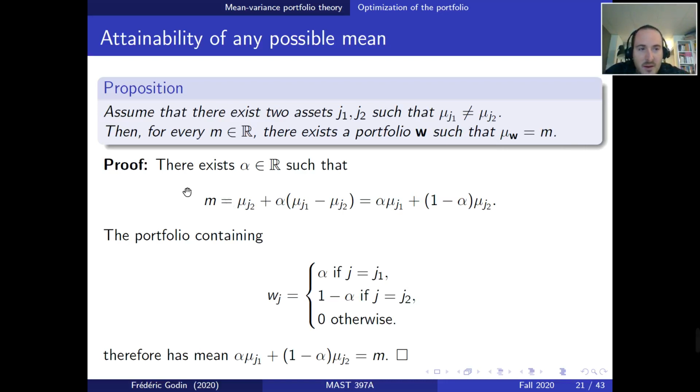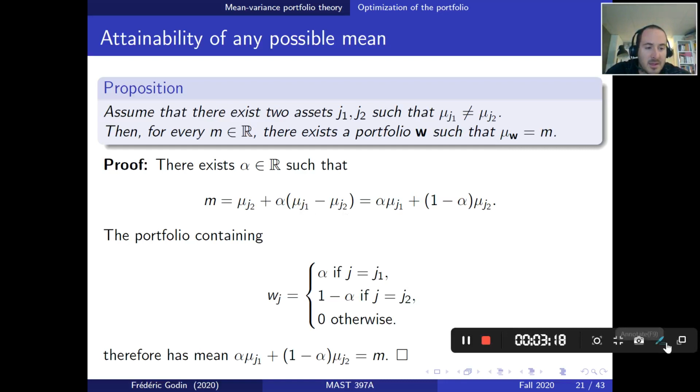So for a given m, the value of the expected return that we'd like to have, there exists a constant alpha such that m is equal to mu j2, the expected return of the second asset, plus alpha times (mu j1 minus mu j2). Okay, so we claim that this constant exists.